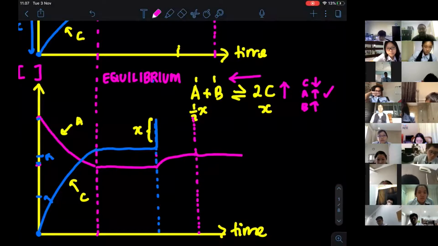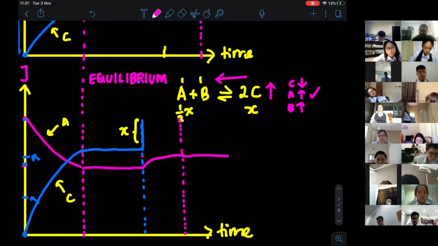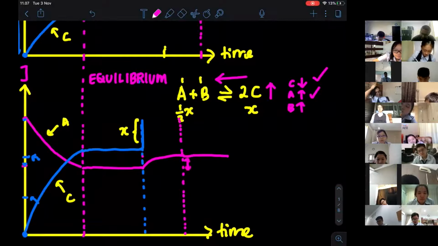And what will happen to this blue C? C is supposed to decrease, but not completely. Imagine if this is X, they must decrease double. So maybe I will decrease up to here.